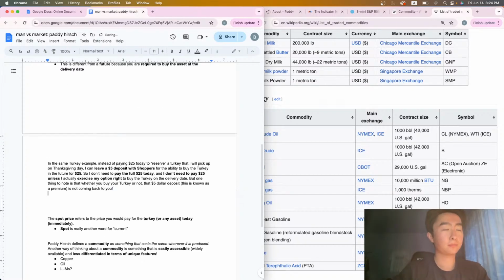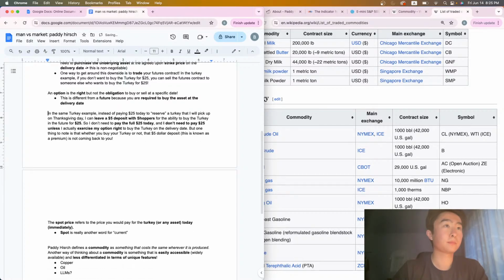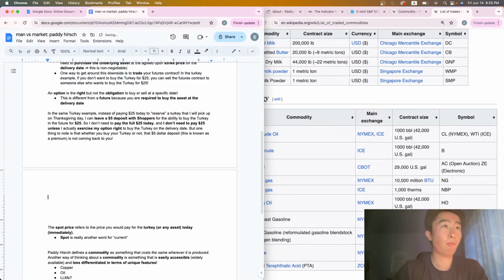Okay. So options, call option, right? Okay. I think or sell the asset. Okay.